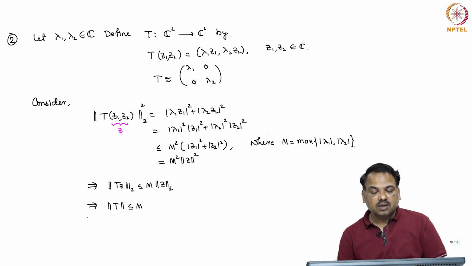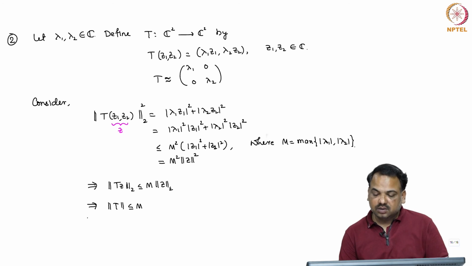If lambda 1 and lambda 2 are 0, then this is the 0 operator, so we are not interested in that. Since we are interested in non-zero operators, at least one of these complex numbers lambda 1, lambda 2 is non-zero, and when you take the maximum, you will get a non-zero number.